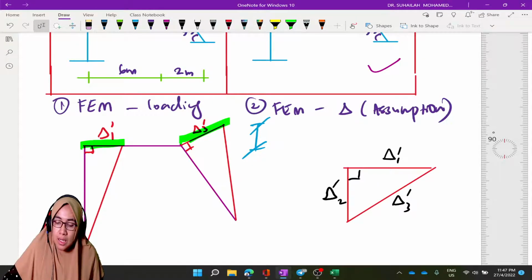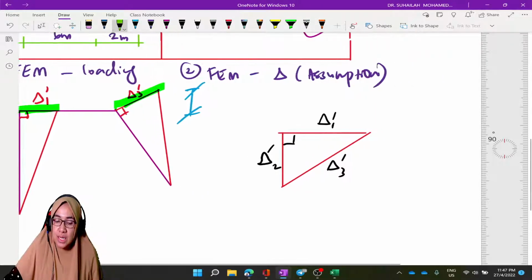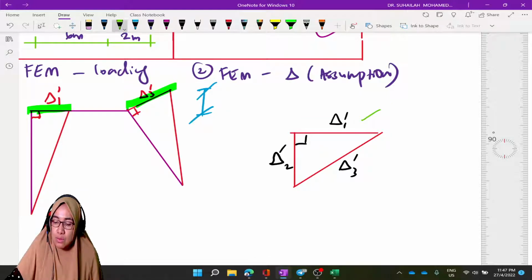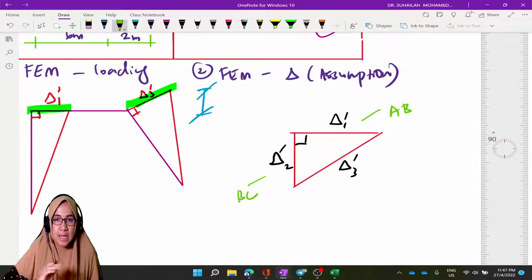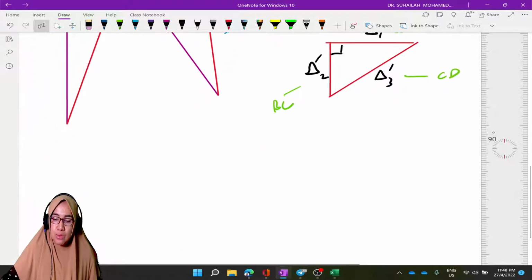So delta 1 prime actually belongs to AB, delta 2 prime belongs to BC, and delta 3 prime belongs to CD.